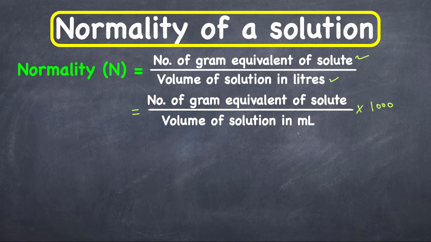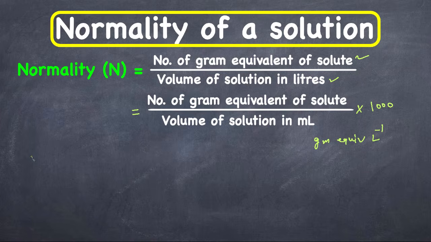And the unit of normality is going to be gram equivalent per liter. Here in the numerator we have gram equivalent of a solute.